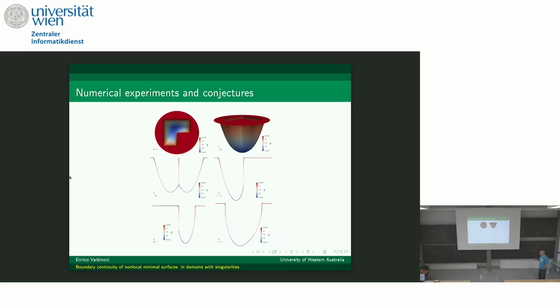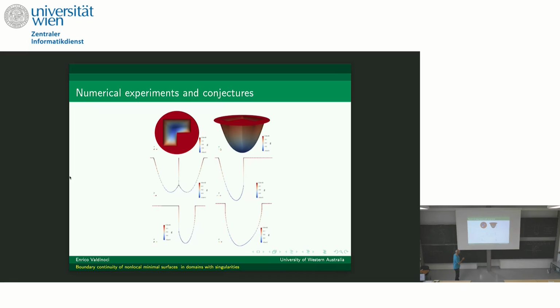And this is a picture coming from their paper. So let me try to describe what happens. In their case, n is equal to 2. So we are drawing here non-local minimal graphs in R^3.